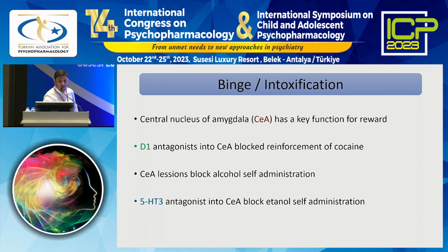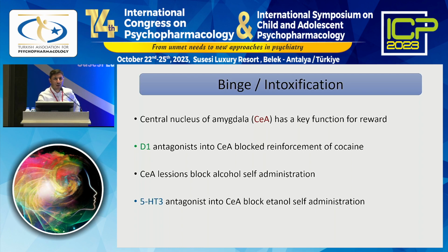According to studies, D1 antagonists applied into the central amygdala blocked reinforcement of cocaine. Also, central amygdala lesions block alcohol self-administration, reducing the response. This way, the central nucleus of the amygdala may also be functioning in positive reinforcement.